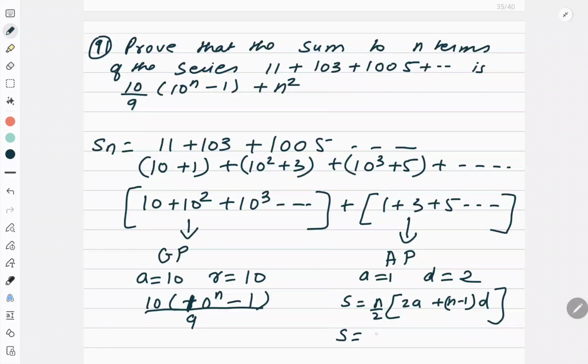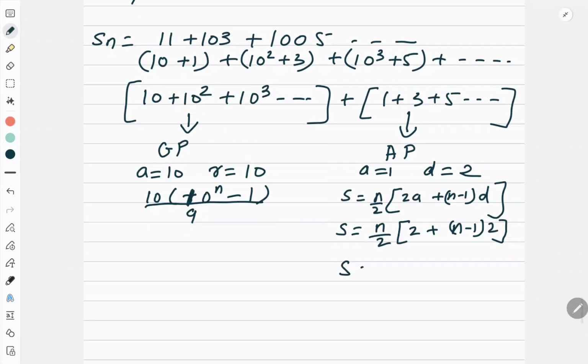So S is equal to n by 2, 2A means 2, plus n minus 1 into 2. So S is equal to, if I open the bracket, n plus n minus 1 into n. Right? So this is equal to n plus n square minus n. So this is equal to n square.